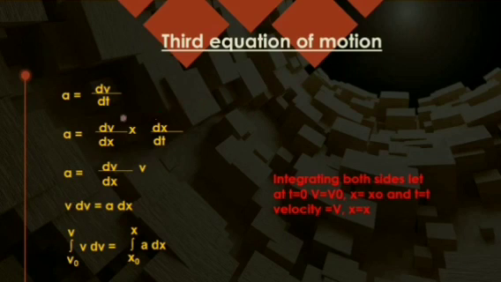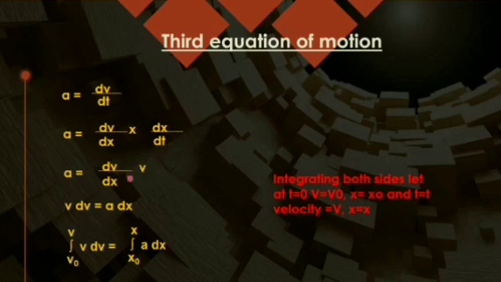Third equation of motion: again we are using a equals dv by dt. But in the third equation, if you remember, the equation was v square minus u square equals 2ax. So velocity and distance are there, but the time factor is not there. So what we are doing is multiplying and dividing by dx, a small change in the value of x.